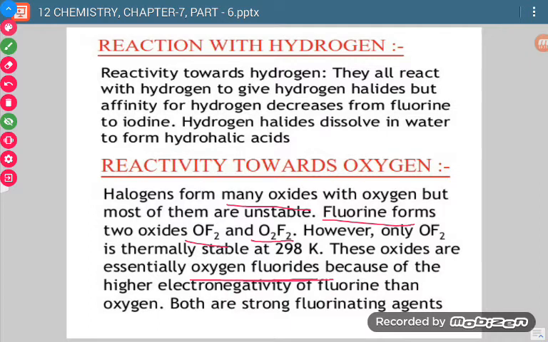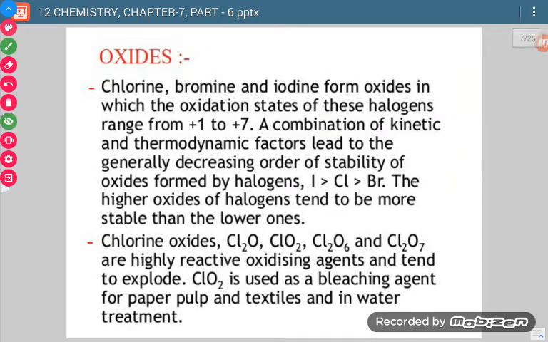Here we just want to say that there is formation of a compound after combination with oxygen. Now why do we say oxygen fluorides? Because fluorine is more electronegative than oxygen, so it is fluoride of oxygen, not oxide of fluorine. Now chlorine, bromine, iodine form oxides in which the oxidation states of these halogens range from +1 to +7.